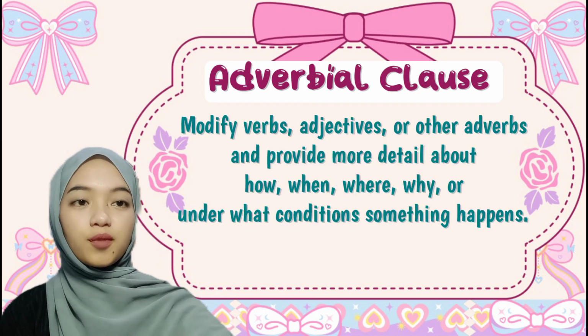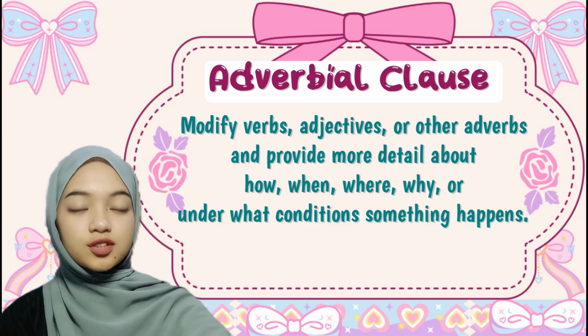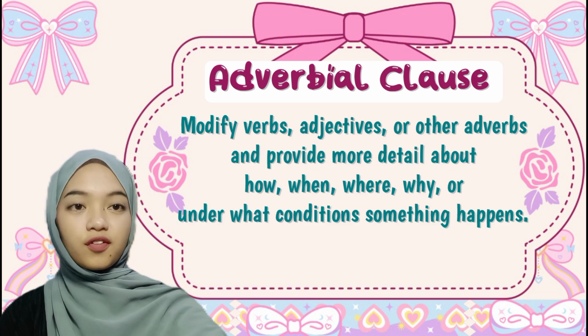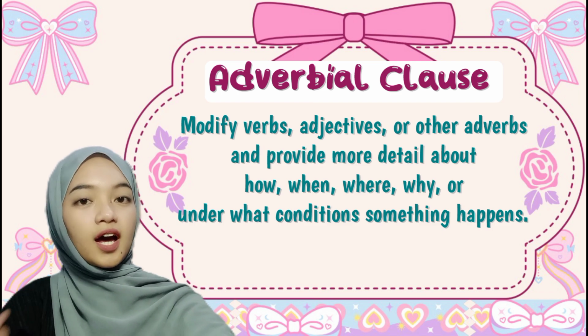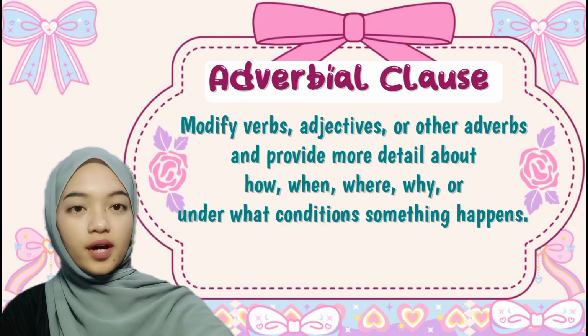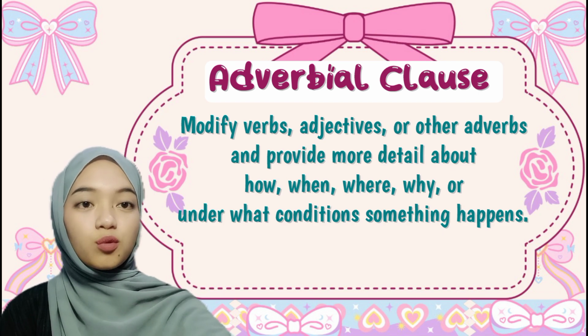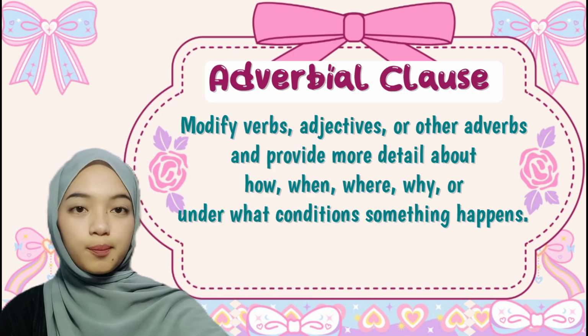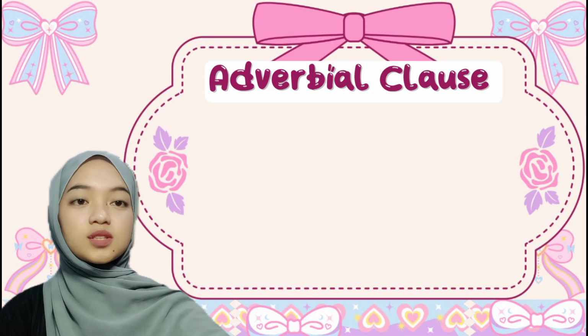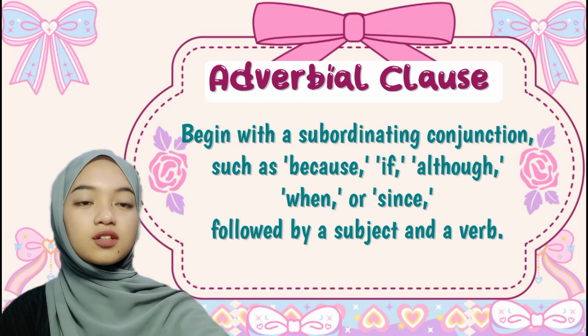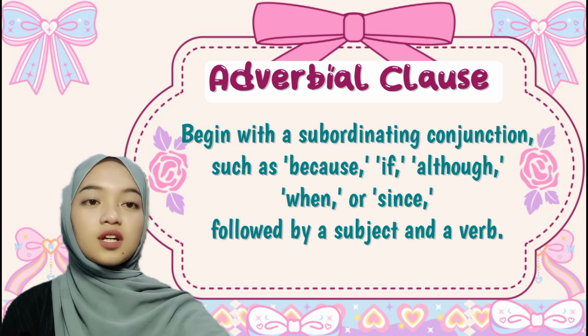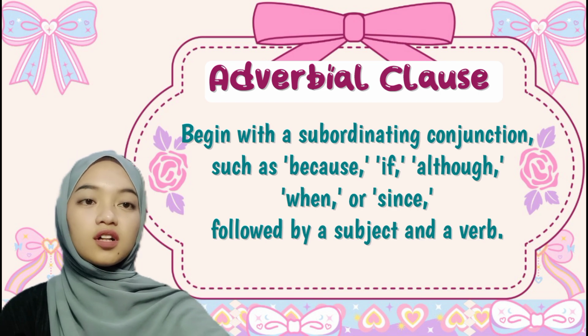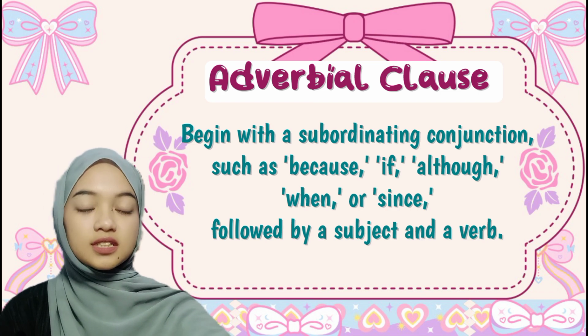These clauses modify verbs, adjectives, or other adverbs and provide more detail about how, when, where, why, or under what conditions something happens. Adverbial clauses begin with a subordinating conjunction such as because, if, although, when, or since, followed by a subject and a verb.